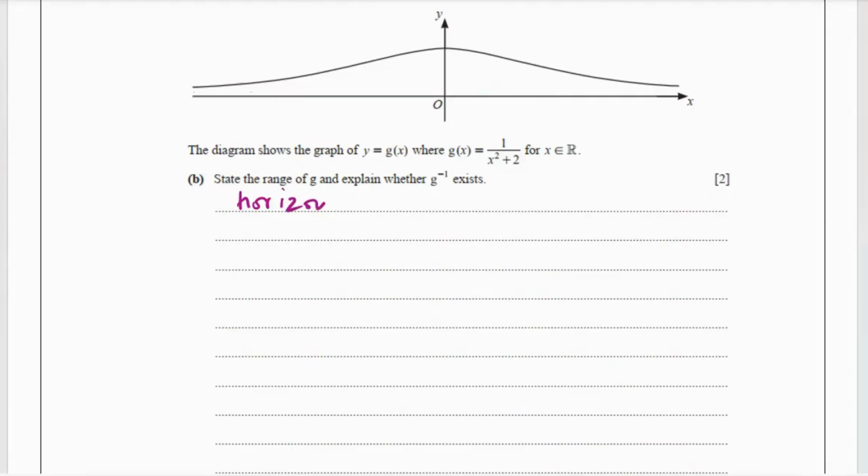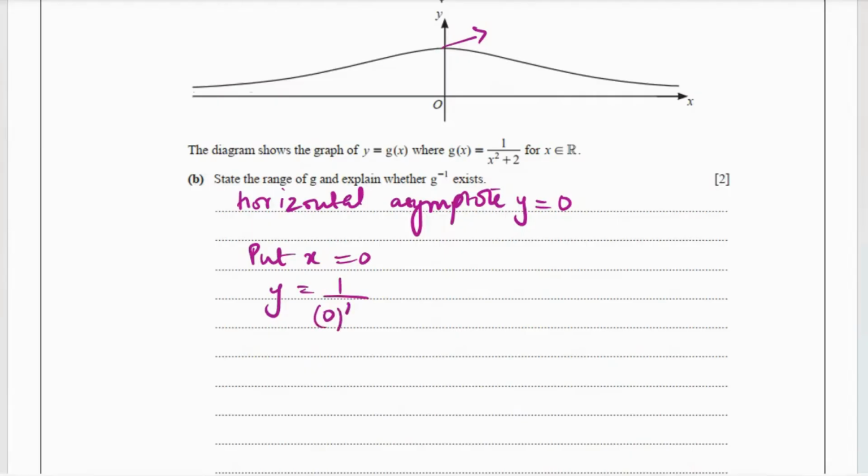So the horizontal asymptote is y equals 0. And as you can see, the graph doesn't intersect y equals 0, the x-axis; it's above it. Now for the maximum point over here, we put x equals 0. When you put x equals 0, we get y equals 1 over 0 squared plus 2, which is 1 over 2.